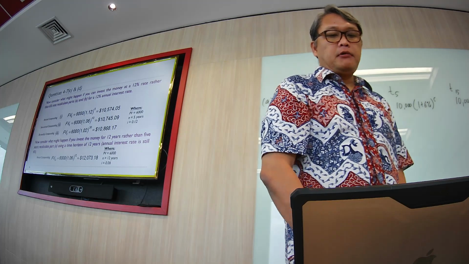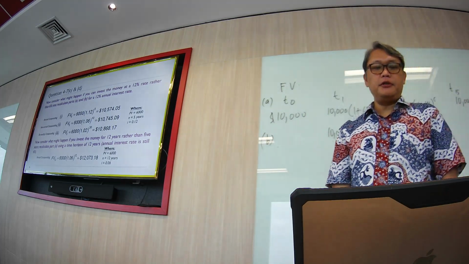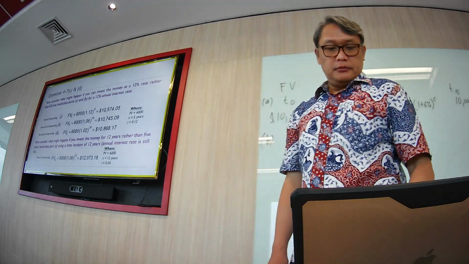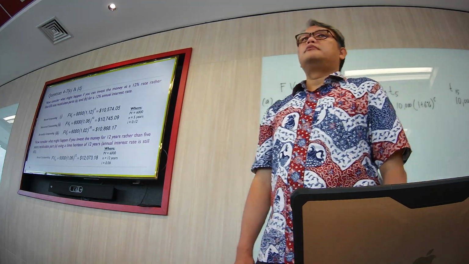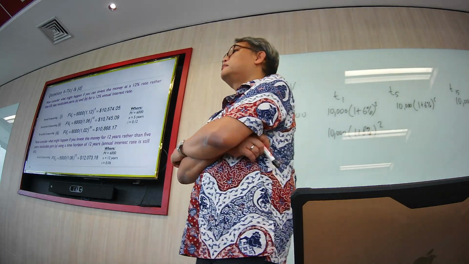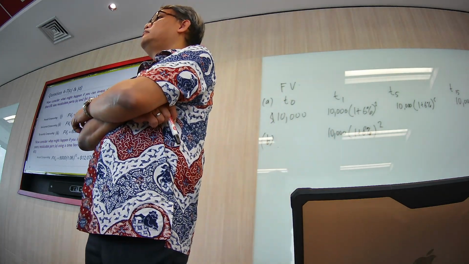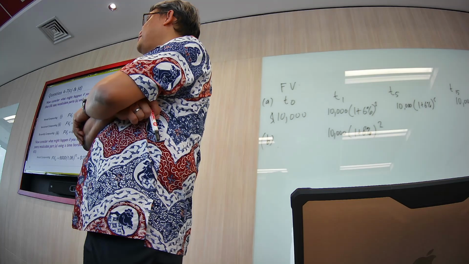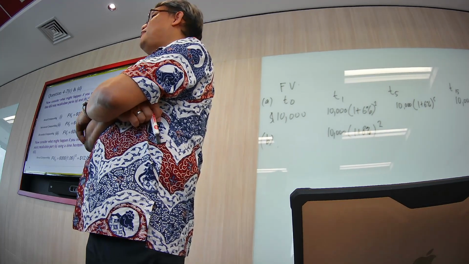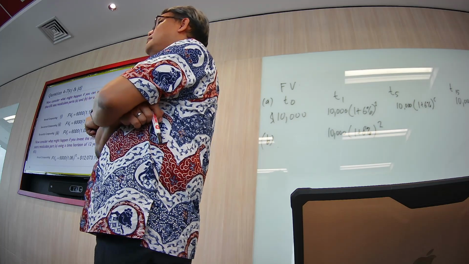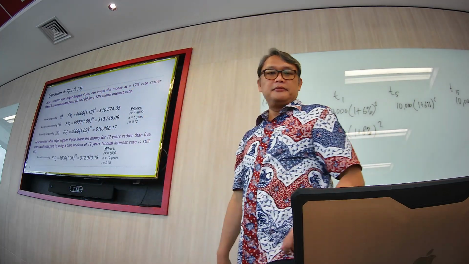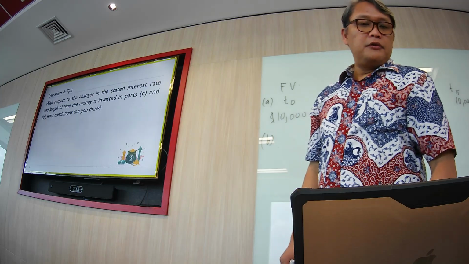Then annual compounding of 12%, 12,000 something, right? Good. Do you have any questions on this? All clear? Good.